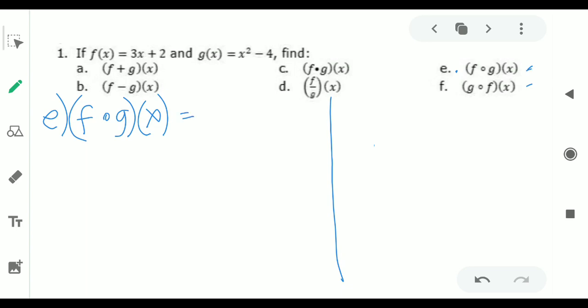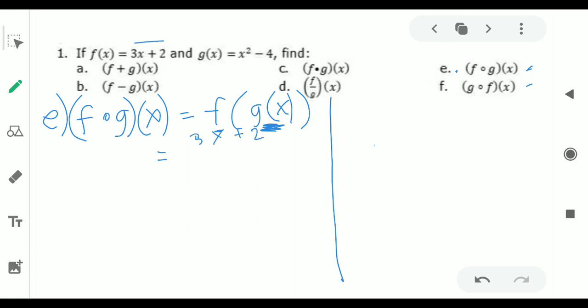So this means that f is composed of g of x. So this expression tells us that x in f of x will be substituted by g of x. So f of x is 3x plus 2.